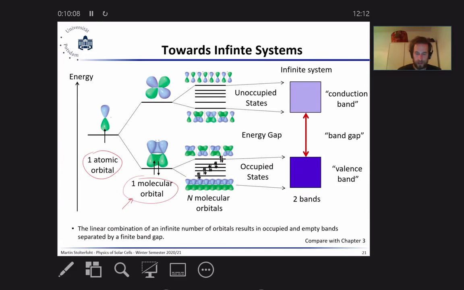If we bring n atomic orbitals together, we get n molecular orbitals, and they form very finely split molecular orbitals, occupied states, and they also form unoccupied states, as you see here. And this then gives rise to the conduction and the valence band, or the HOMO and the LUMO.